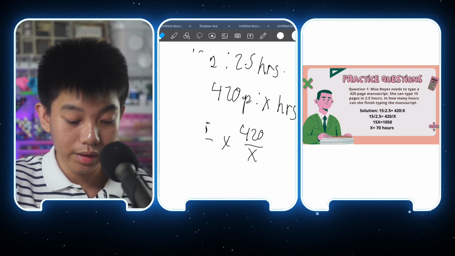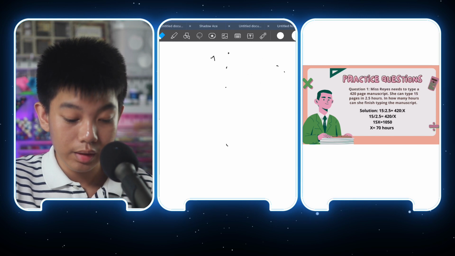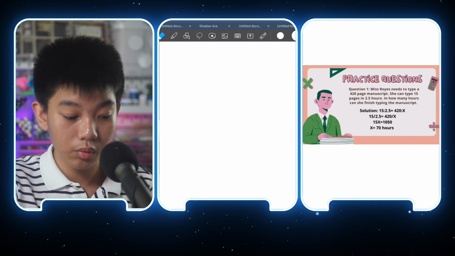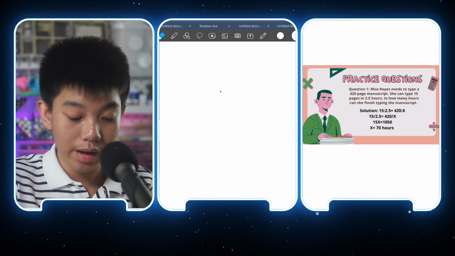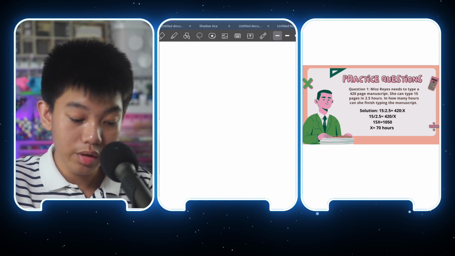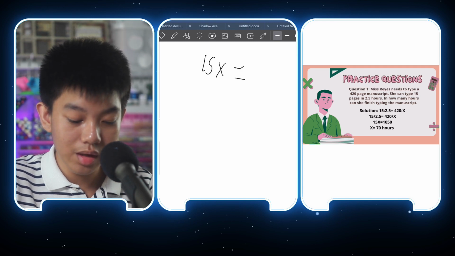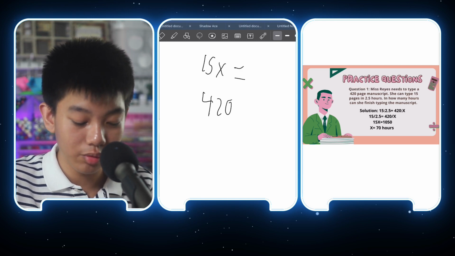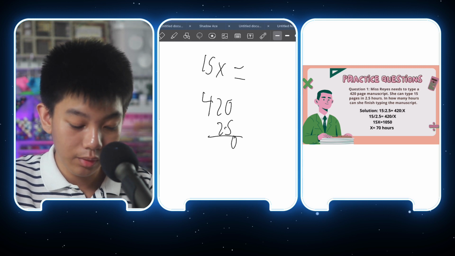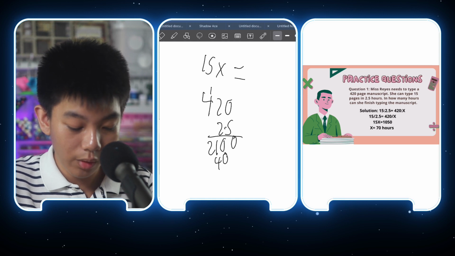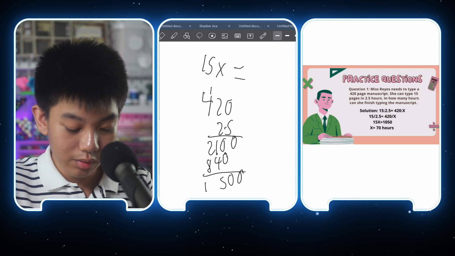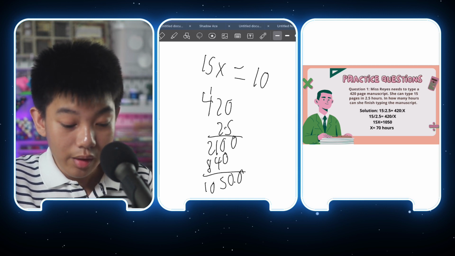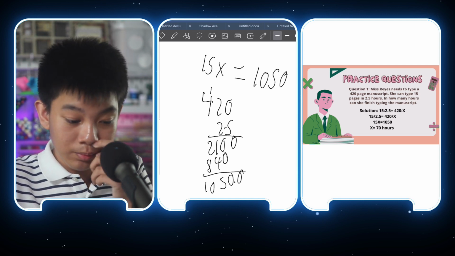After cross multiplying, you should have 15x is equal to, what happens when you multiply 420 by 2.5, you get 1,050. So it's 15x on one side, and you get 1,050 on the other.